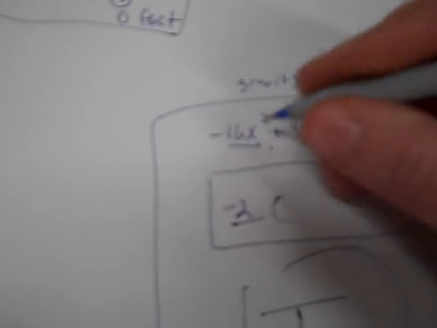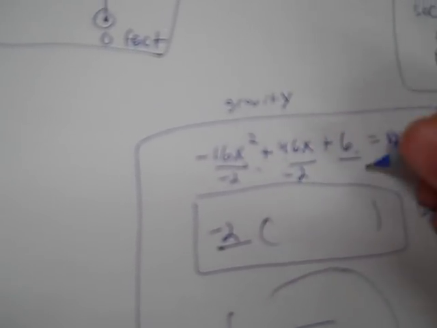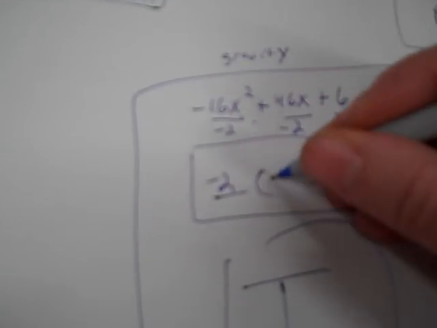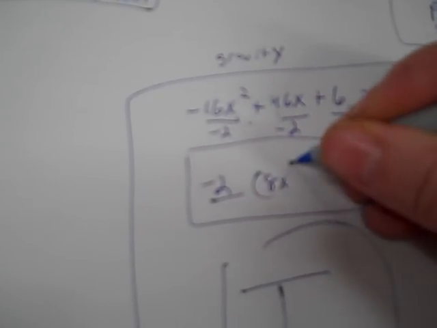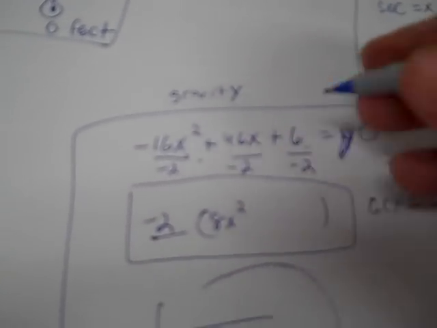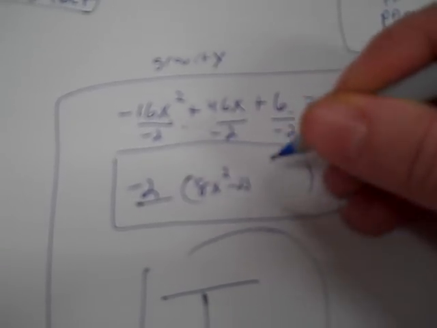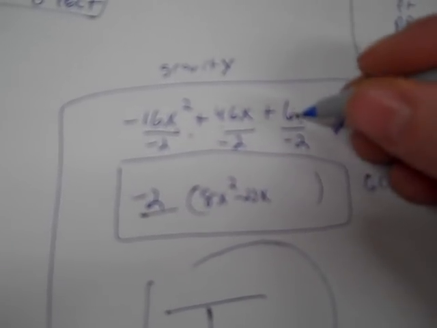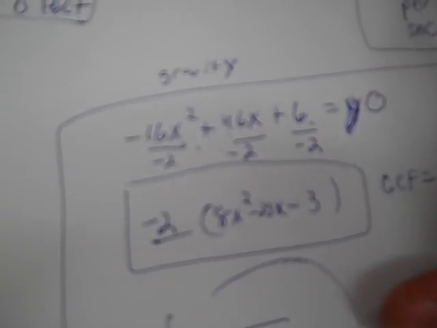So, okay, that's positive 8 with x to the second. That's negative 23, so put minus 23 with x, and then negative 3. Don't try to avoid putting that and that as plus negative, because you get screwed up on the signs.